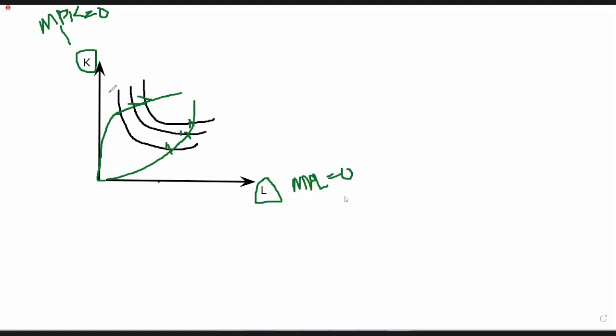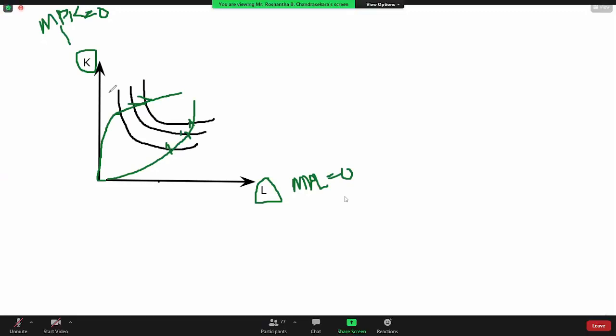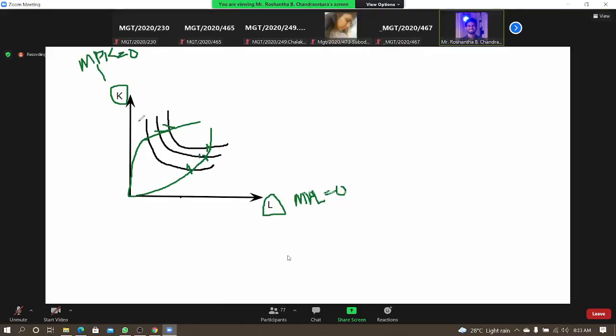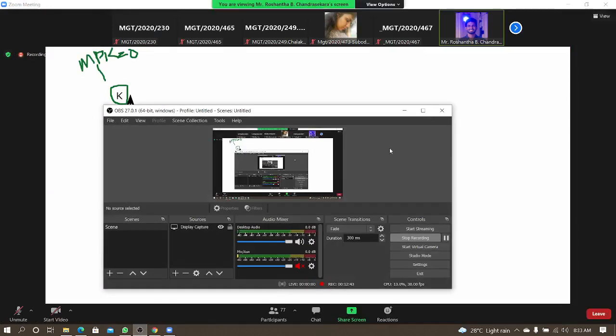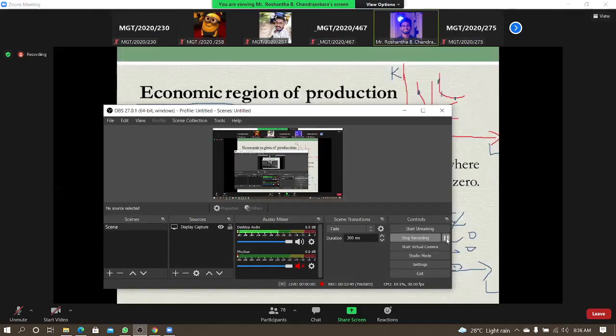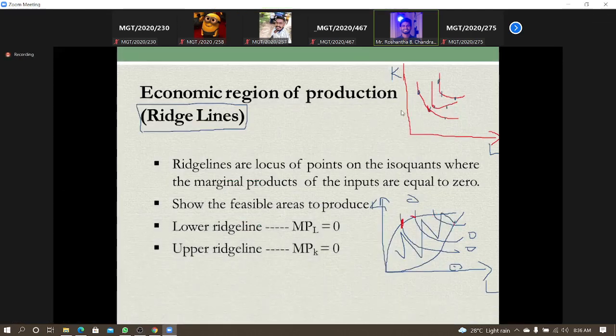From here, see in these points, see what happens at this point. The shape of the isoquant curve has changed, right?